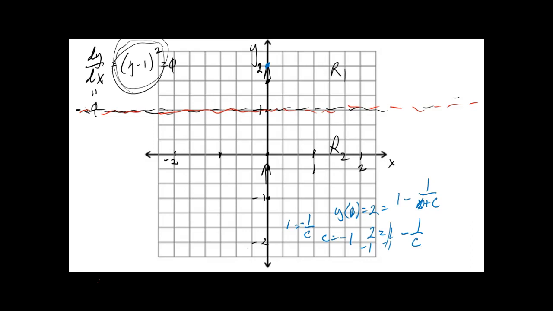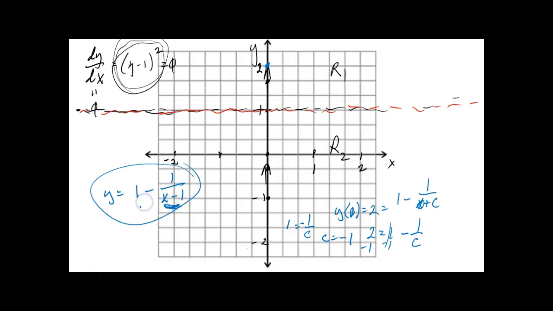We got it. So now our equation, I wish I'd kept it written. I didn't. I'll write it again. y is equal to 1 minus 1 over x minus 1. Your c is negative 1. So here's where your vertical asymptote is going to be. Nope.